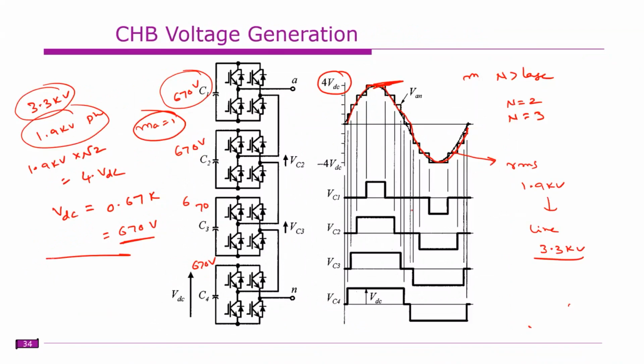So for low values of n, maybe n equal to 2, 3, 4, 5, how will you choose it?